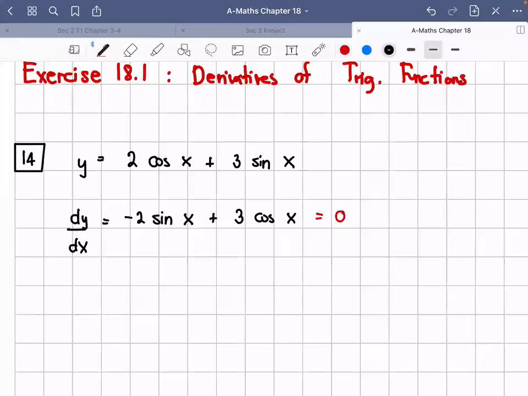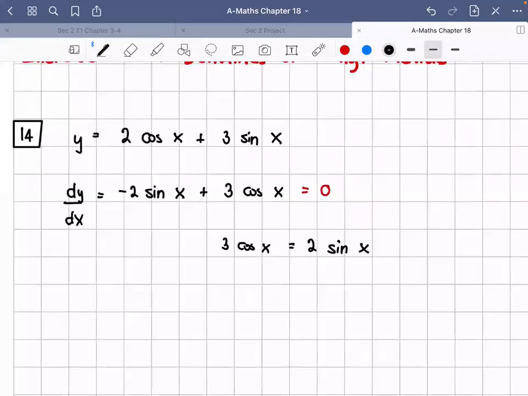So what I'll do here is bring in 3 cosine x and transpose it to 2 sine of x, and then I'll just solve for x. I'll remove 2 first, so we have 2 here, and then I remove cosine by putting it here.